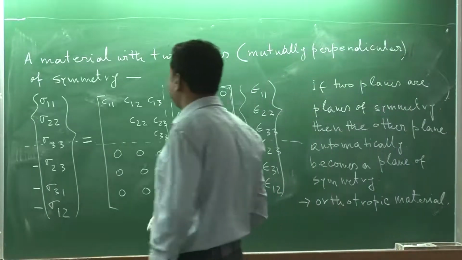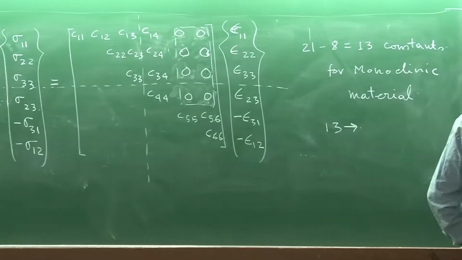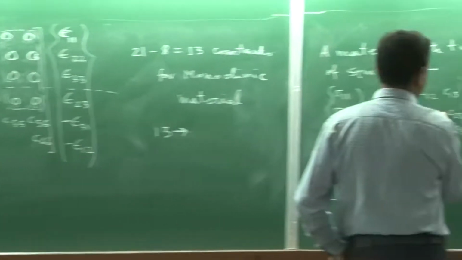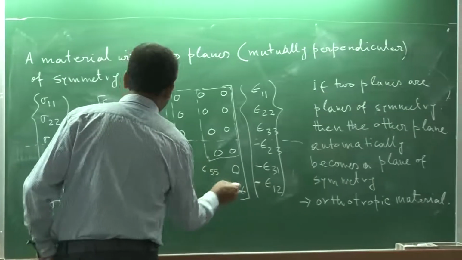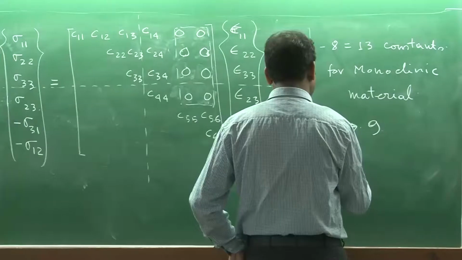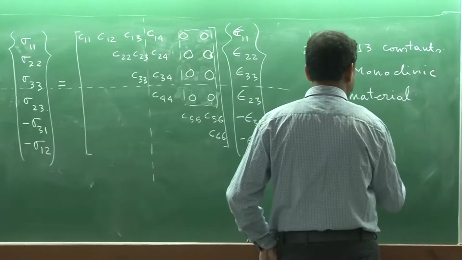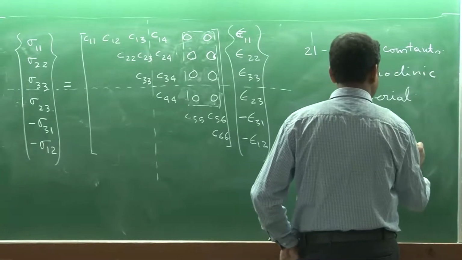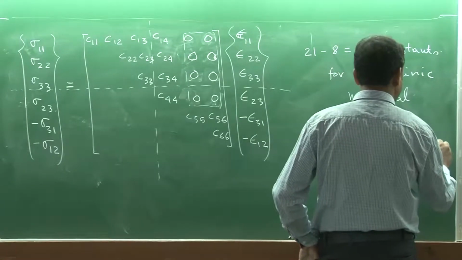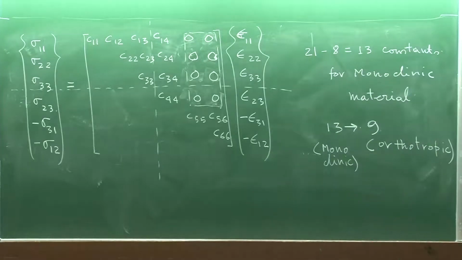So for an orthotropic material, how many constants? From 13, where are you going? You can see 1, 2, 3, 4, 5, 6, 7, 8, 9. So 13 is for monoclinic and 9 is for orthotropic. You see that? Okay.